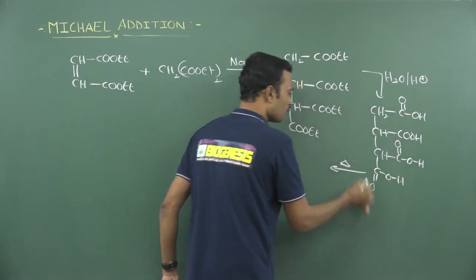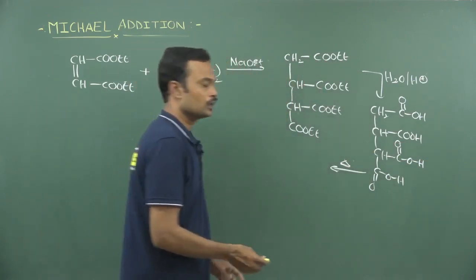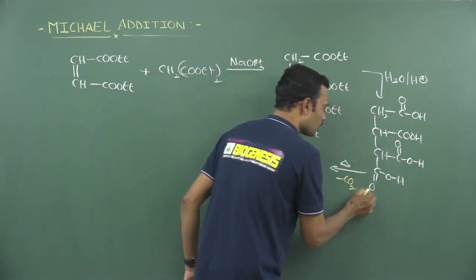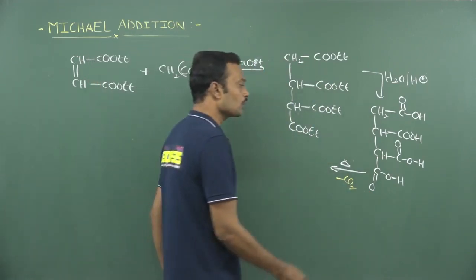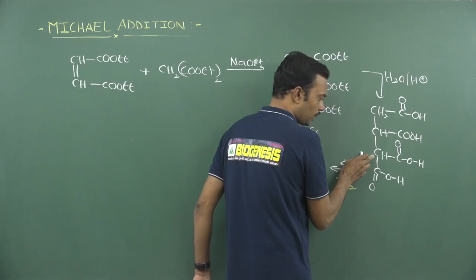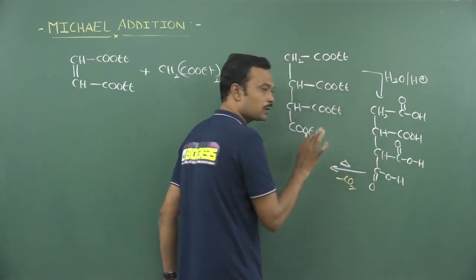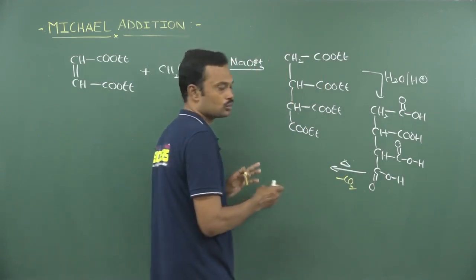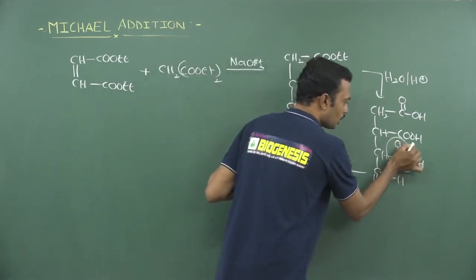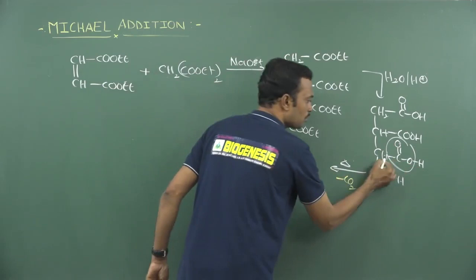Now see, if you heat this molecule, they may undergo decarboxylation. Decarboxylation is nothing but loss of CO2, which takes place on any carbon carrying 2 carboxylic acids. On heating, one of the carbon dioxide will be removed from this carboxylic acid unit, and this hydrogen will be added here.